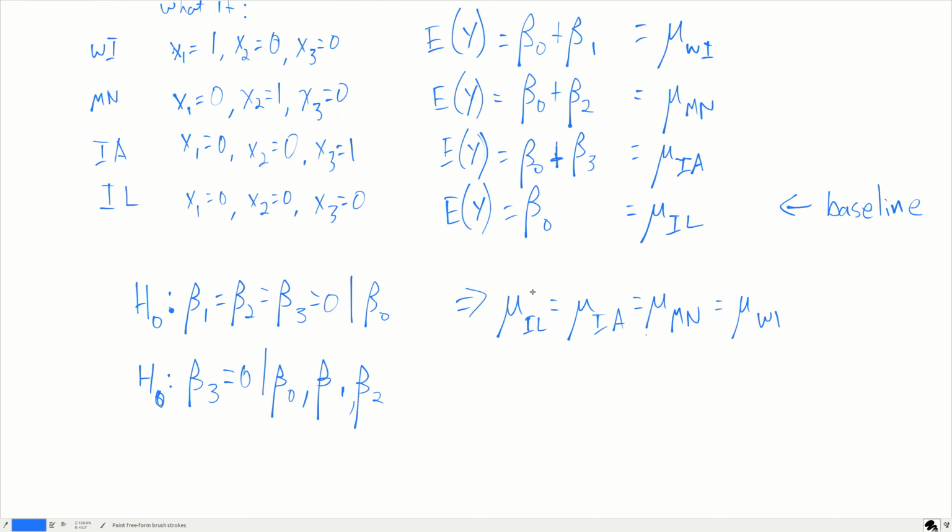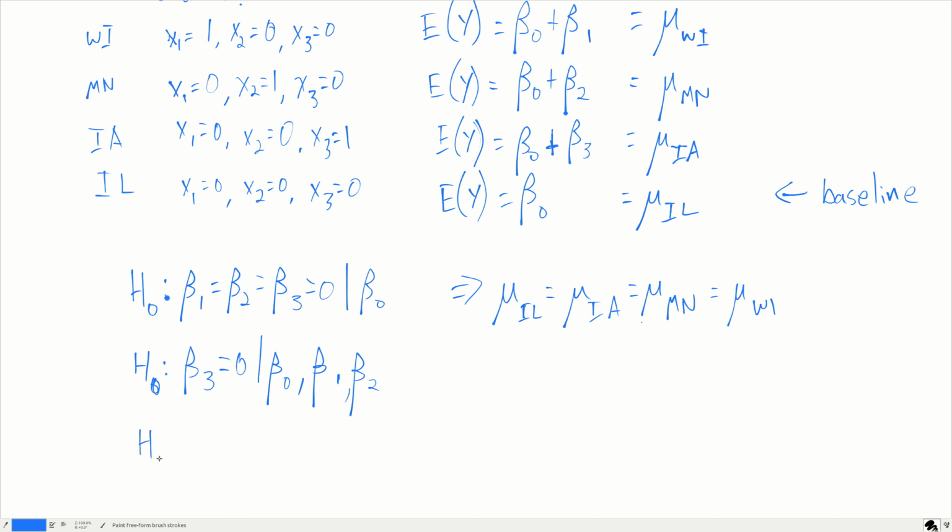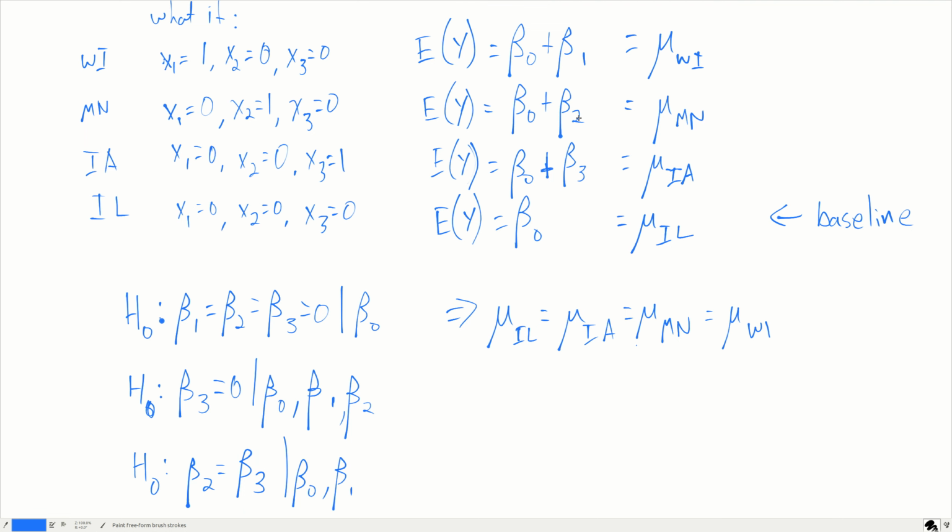We could also test things like, is beta 2 equal to beta 3 given beta naught and beta 1? So this is saying, is beta 2 equal to beta 3? You can think about it in two ways. One is the difference between Minnesota and Illinois the same as the difference between Iowa and Illinois, right?